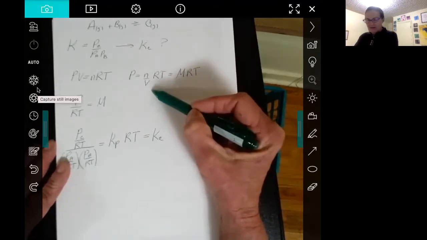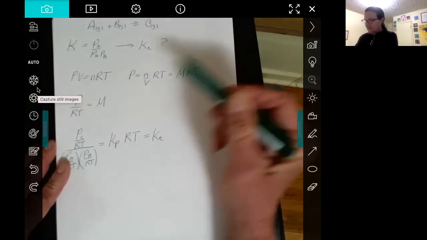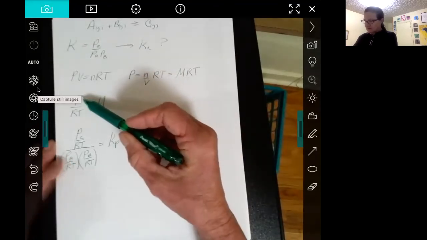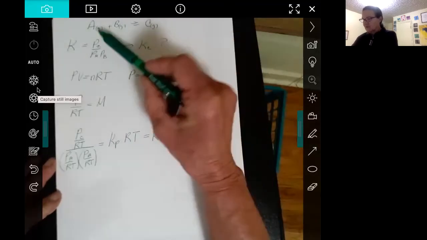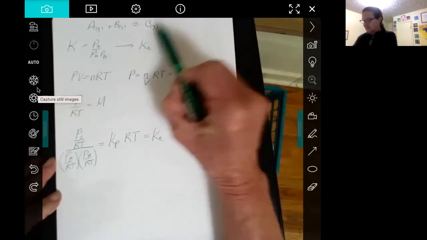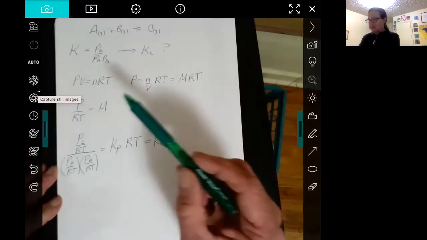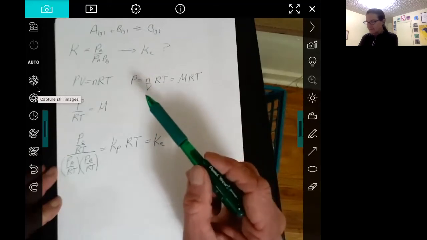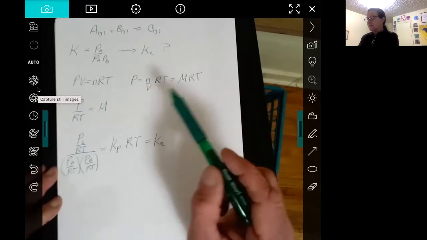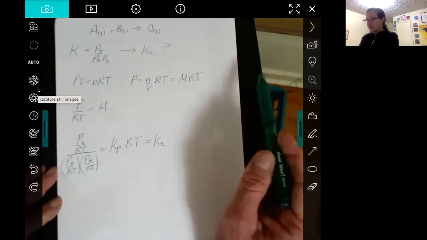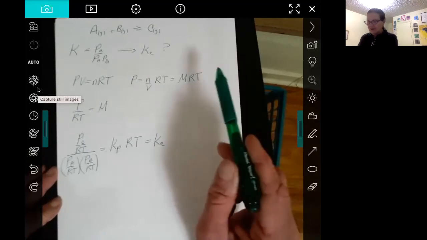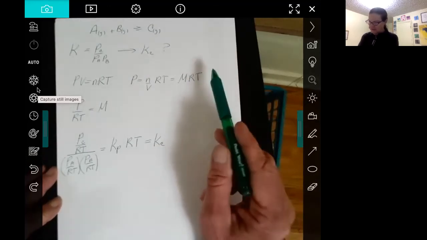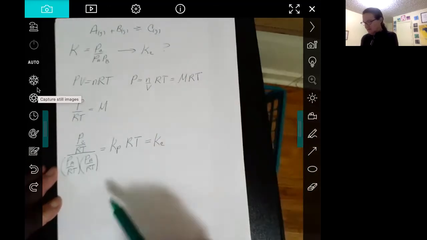Number of moles over volume is molarity. So molarity is pressure over RT. So for our reaction of A plus B goes to C, you only can convert a Kp to a Kc. You couldn't convert a Kc if you had solutions to a Kp because you don't have gases. So this only works for gases.